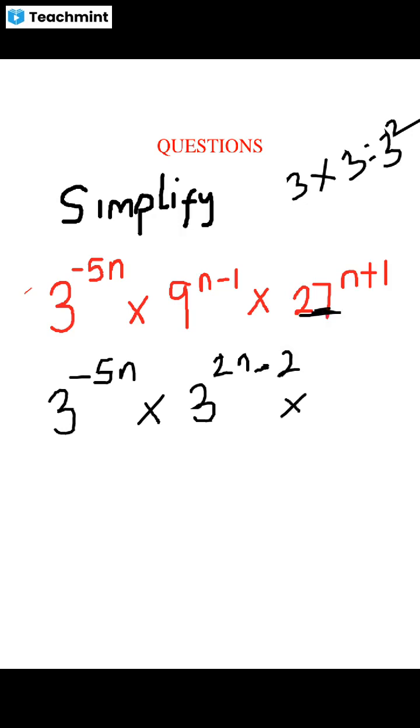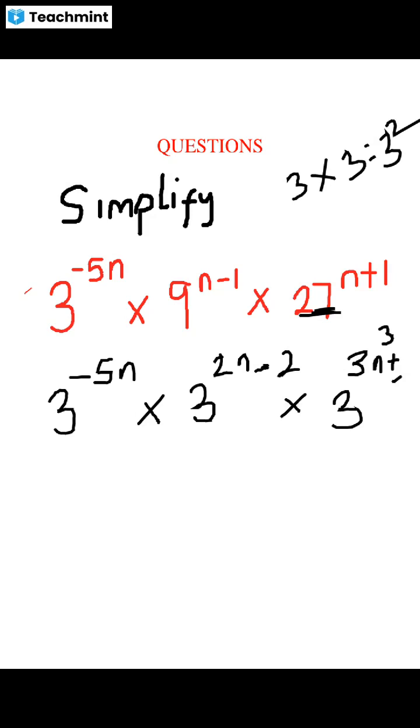This 27 can be written as 3 raised to power 3: 3 times 3 is 9, 9 times 3 is 27. So I write the 3 down, 3 times n. The 3 is a new power, and this one has a power of its own before, which is n plus 1. So we multiply 3 times n, 3n, plus 3 times 1, 3.